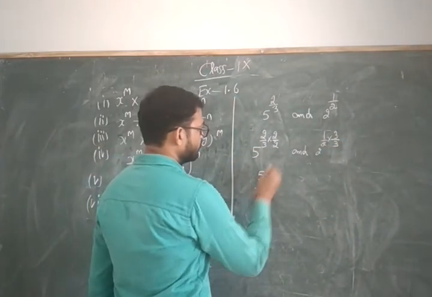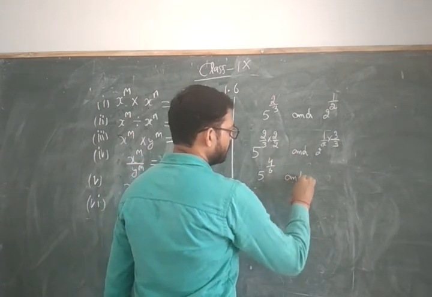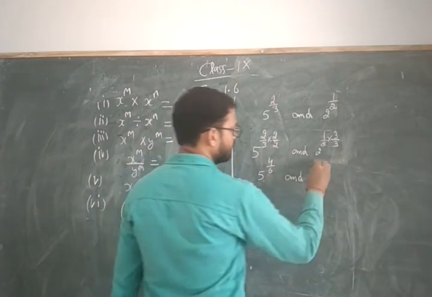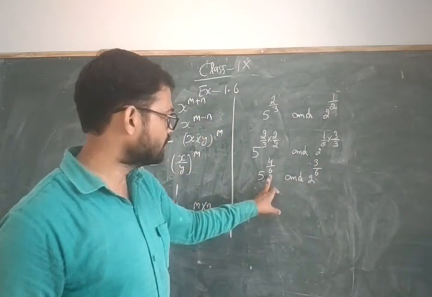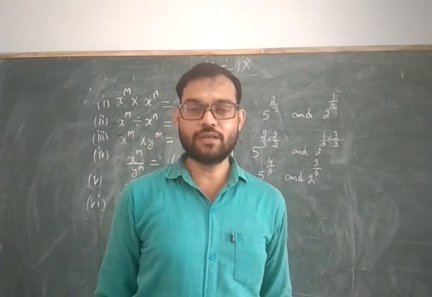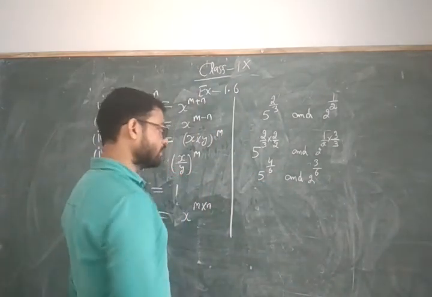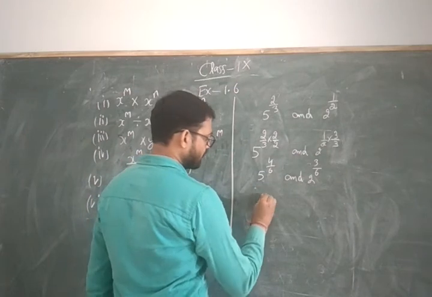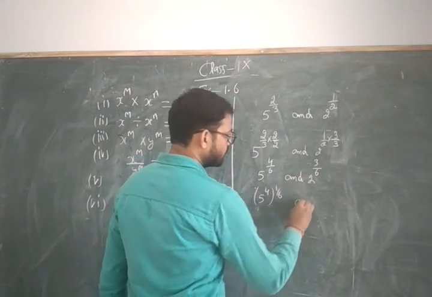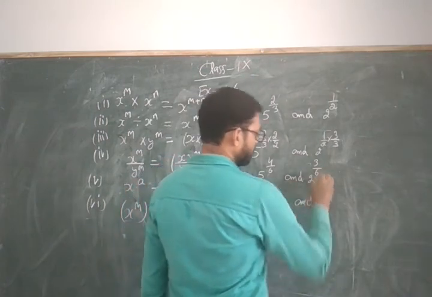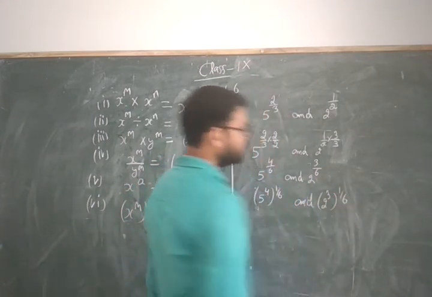So it becomes 5 raised to power 4 upon 6 and here it becomes 2 raised to power 3 upon 6. Now you can see that both have the same denominator. Now you will write it as 5 raised to power 4 and its whole power is 1 upon 6. The same way, 2 raised to power 3 and power is 1 upon 6.